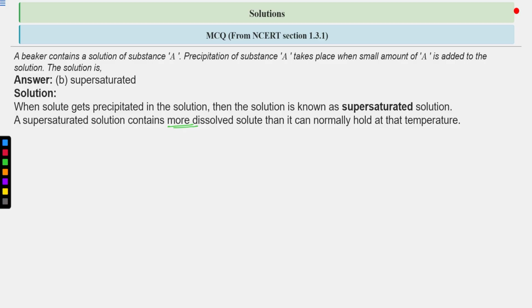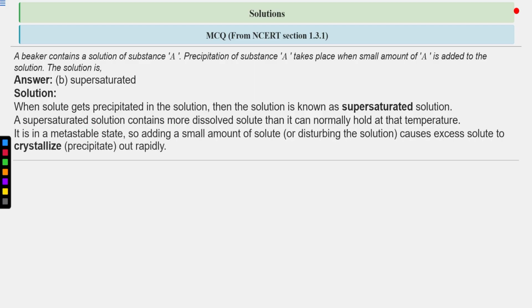The term we use for that kind of solution is supersaturated solution. At that particular temperature, the solution can only hold a limited amount of solute, and if you add more solute to it, it starts to precipitate.